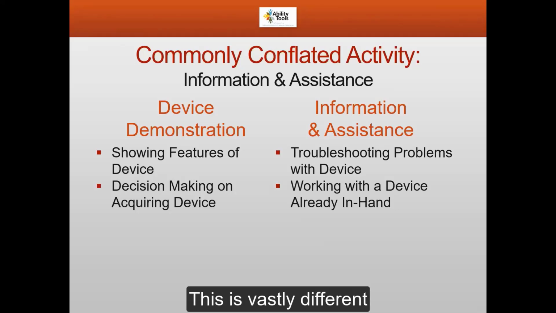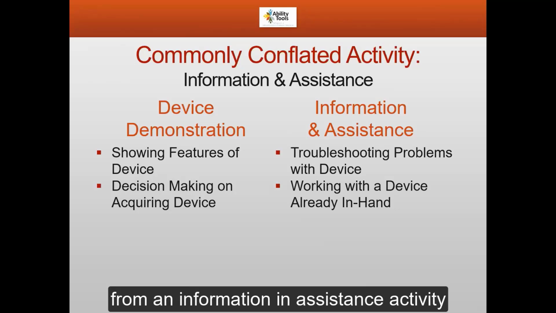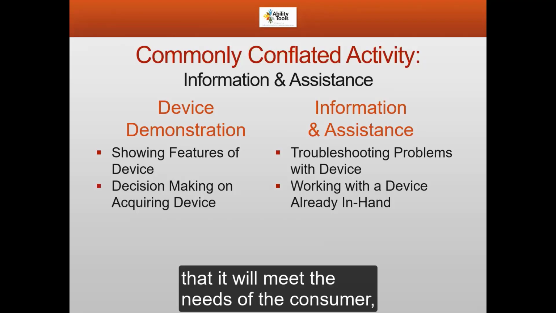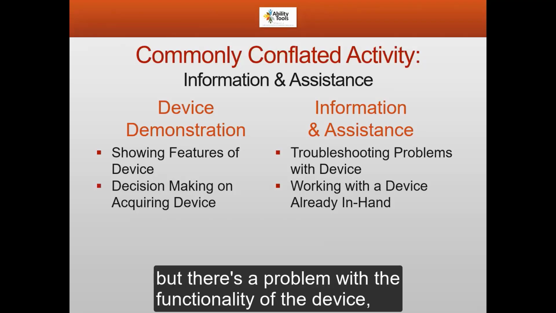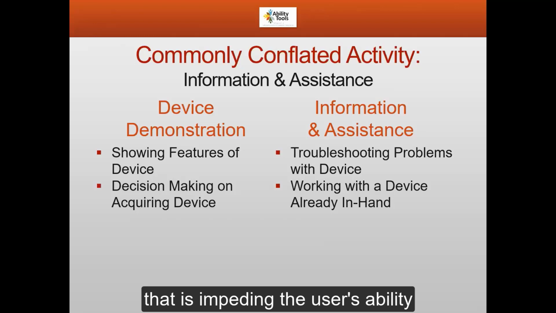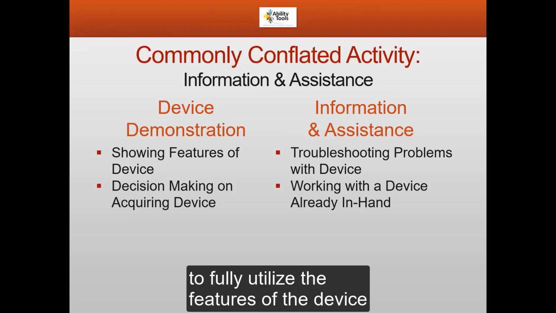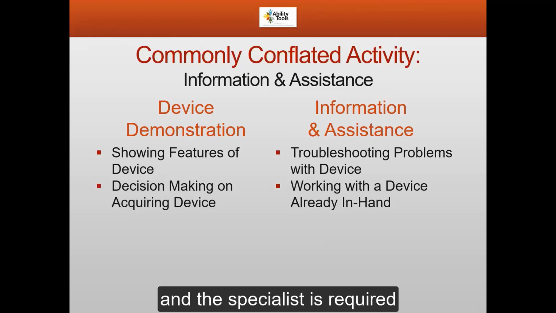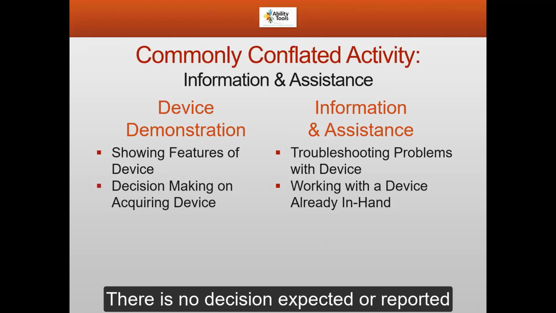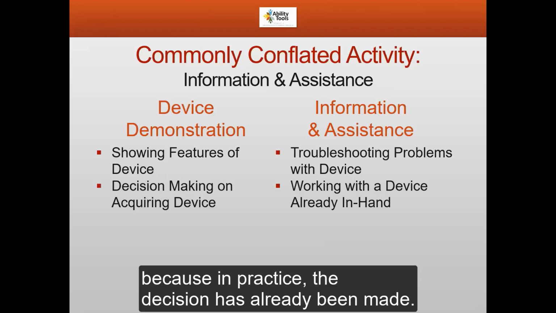This is vastly different from an information and assistance activity where the device is already in use and there's some confidence that it will meet the needs of the consumer, but there's a problem with the functionality of the device. Whether it be a malfunction or a positioning issue, that is impeding the user's ability to fully utilize the features of the device, and the specialist is required to assist in overcoming that challenge. There is no decision expected or reported because in practice, the decision has already been made.